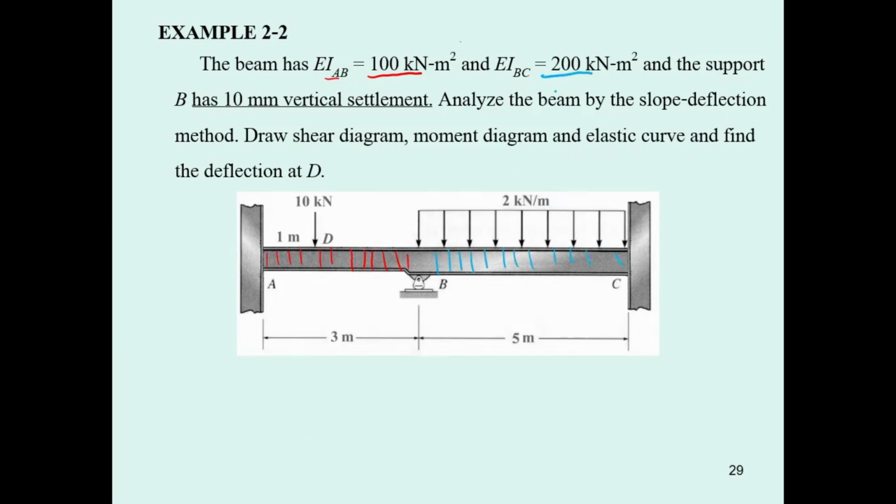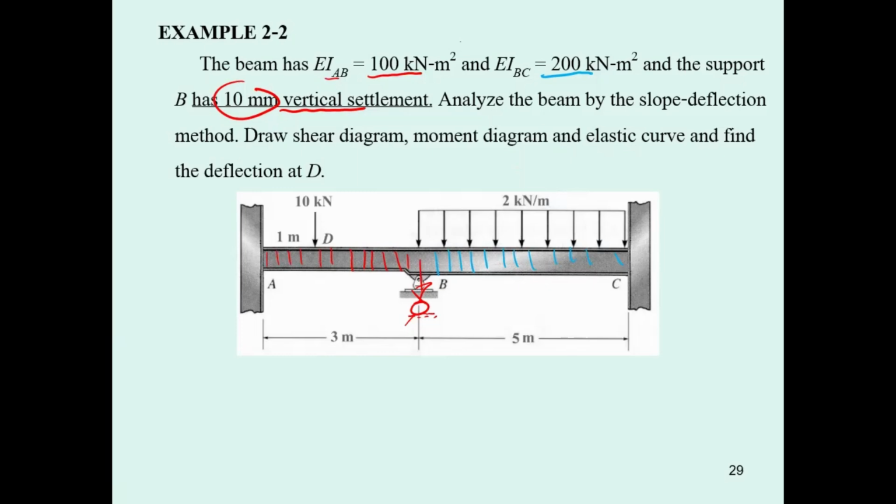That is bigger, has larger flexural rigidity. And then this one has the downward differential settlement. Okay, that's going to be 10 millimeter vertical downward. Now, we're going to solve this problem by the slope deflection method.